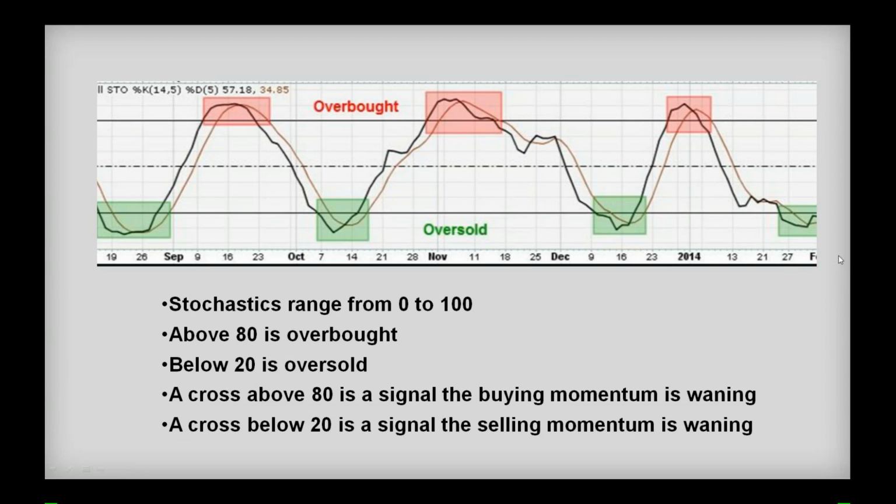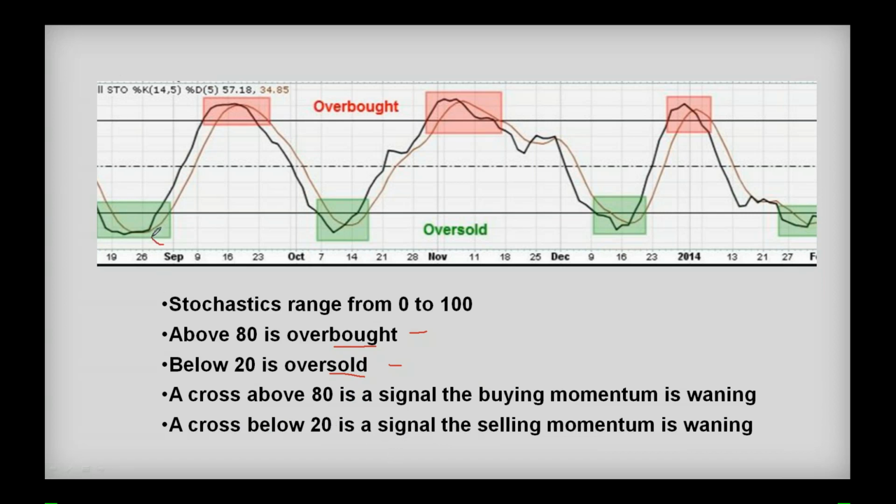So again, any reading above 80 is said to be overbought. Any reading below 20 is said to be oversold. Overbought is saying it's too high, and oversold is saying we're too low in price. A cross above 80 is a signal that buying momentum is waning. A cross below 20 is a signal that selling momentum is waning.